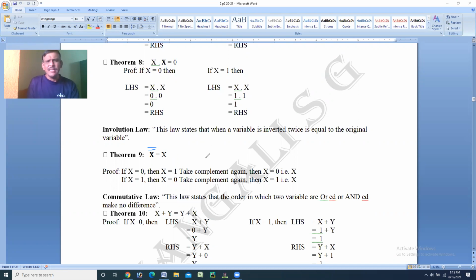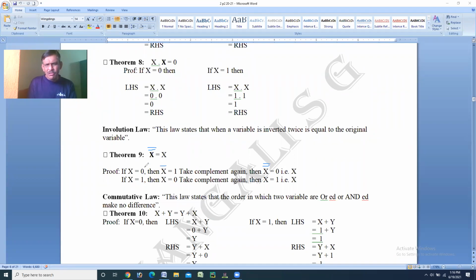So first you can take the proof case. If x equal to 0, then what about x complement? X complement becomes 1. If x equal to 0, x complement equal to 1. Take again the complement of this, then x double complement equal to 0.